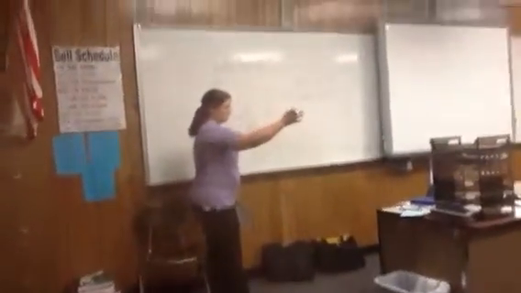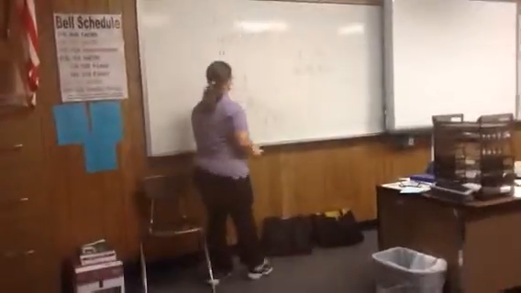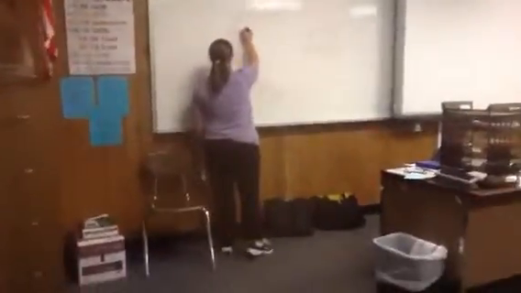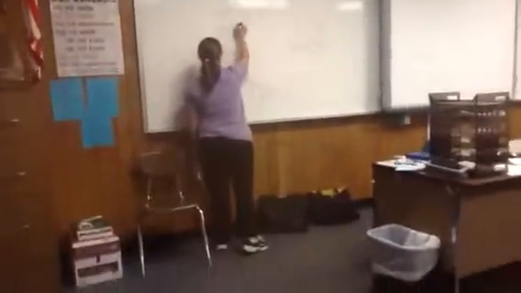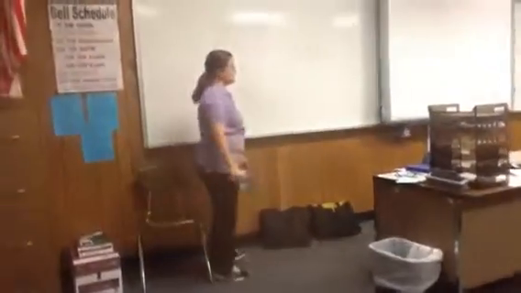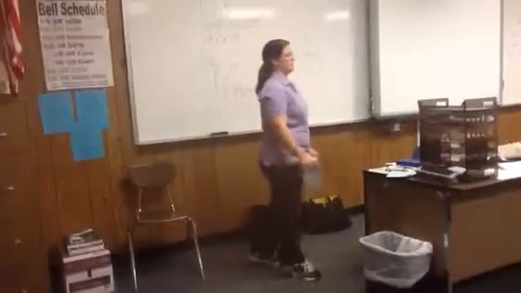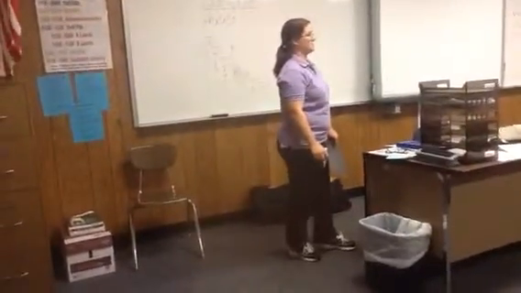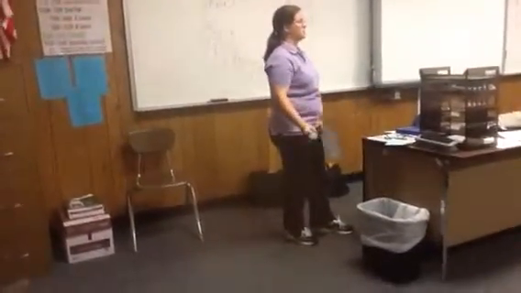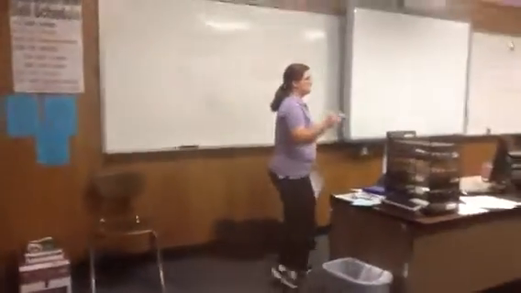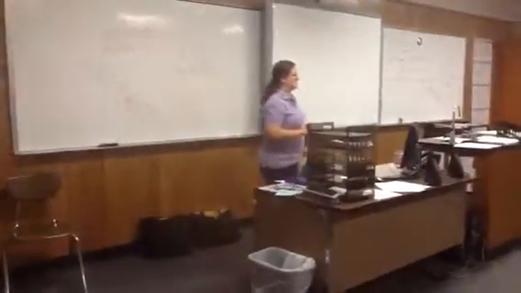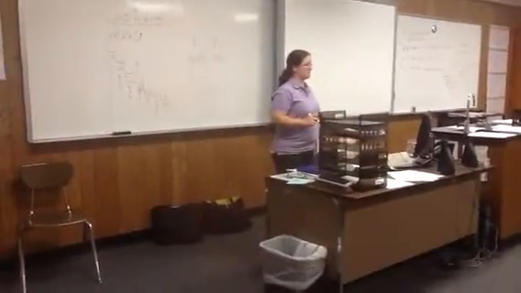Right, so I'm going to move it 1, 2, 3, to the line each time. So how many grams do I have? 2,000. I already told you, but that's how you show it. It says show your work, so I expect to see how you moved it across at the very bottom.